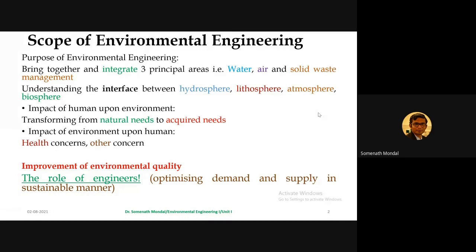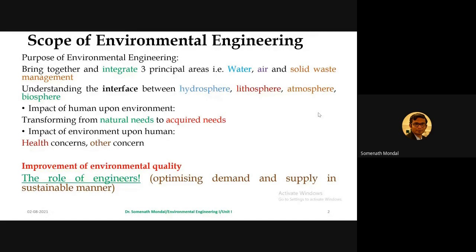Otherwise it will not serve the purpose fully. Knowing the subject is one thing, and how you utilize it is another. Everything we discuss and you study, if you forget all of it once you are in practice, then the purpose of keeping these subjects in your curriculum would not be served.